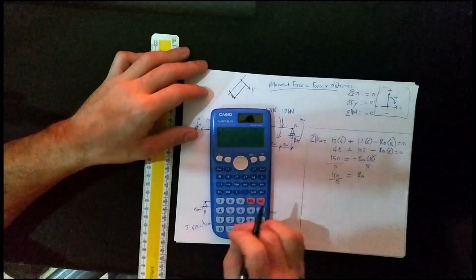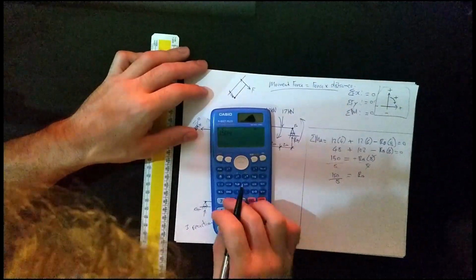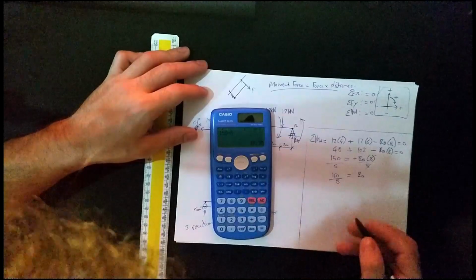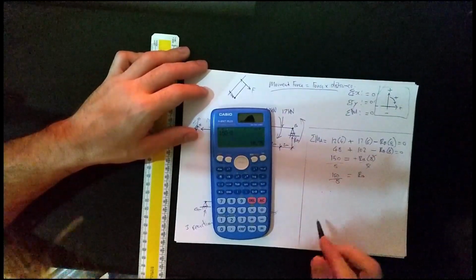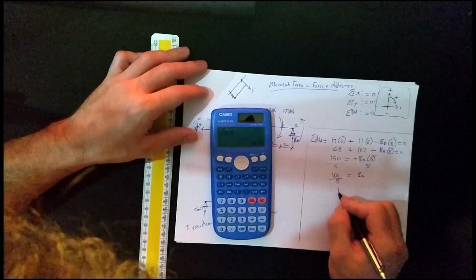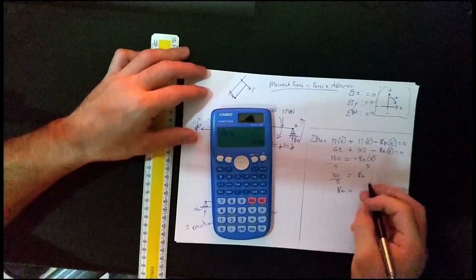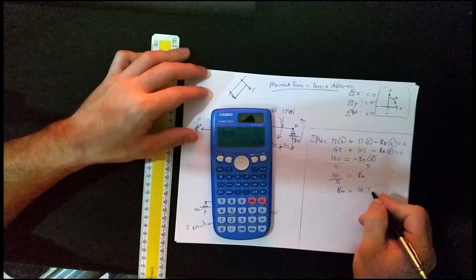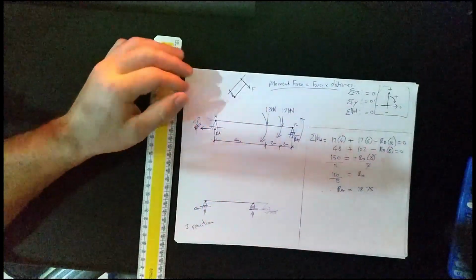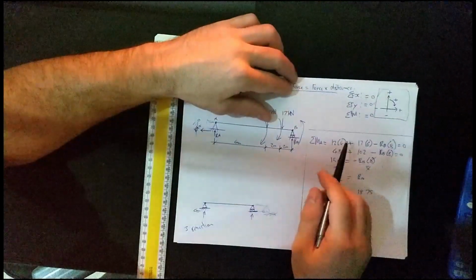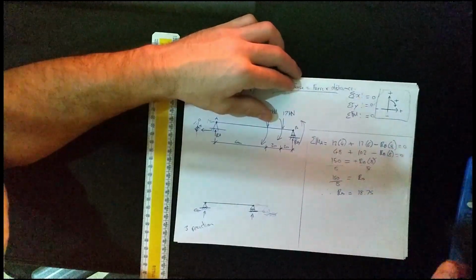So what is RB? 150 divided by 8. 18.75. Therefore, RB, the unknown reaction force of B, equals 18.75. What are the units now? Kilonewtons, meters, kilonewtons, meters, kilonewtons, meters.